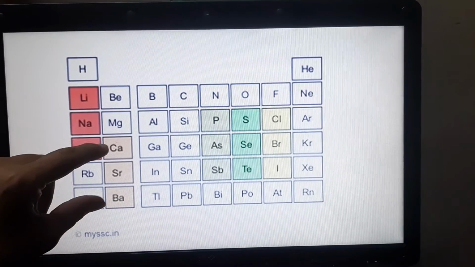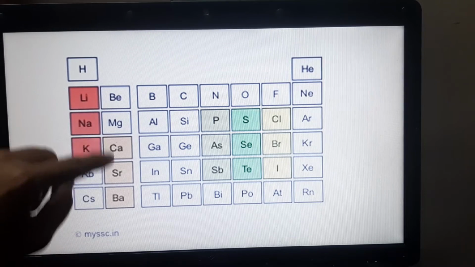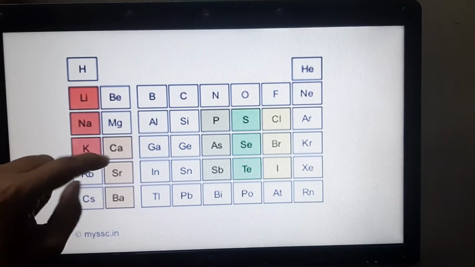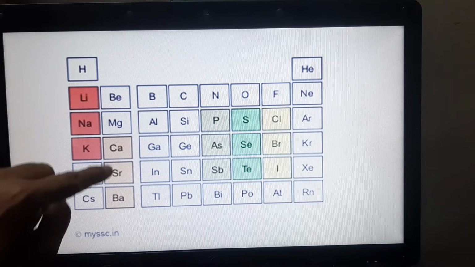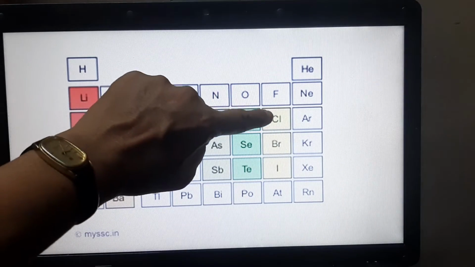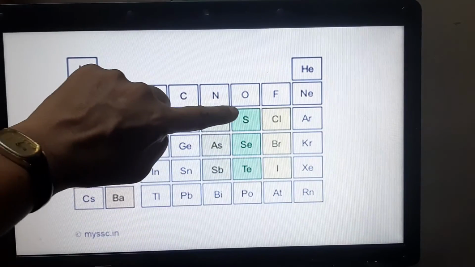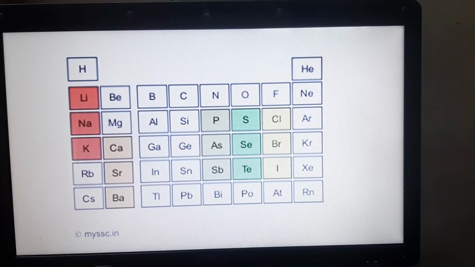Likewise, for these 3 elements highlighted here, calcium, strontium, and barium, they had the similar thing. The average of the atomic masses of calcium and barium was equal to the atomic mass of strontium. Likewise, you've got others also: chlorine, bromine, iodine, sulfur, selenium, tellurium, phosphorus, arsenic, and so on.